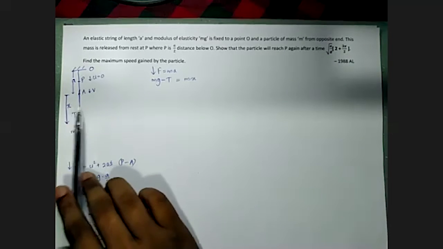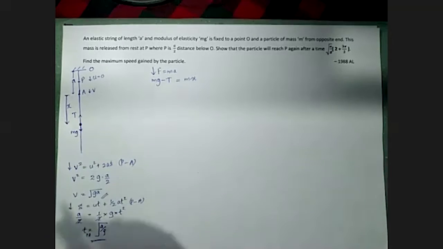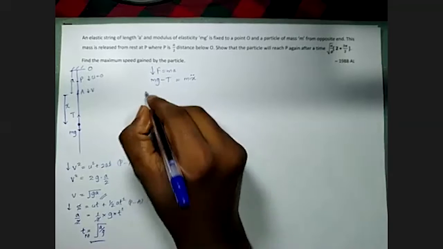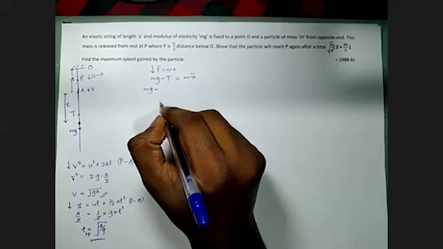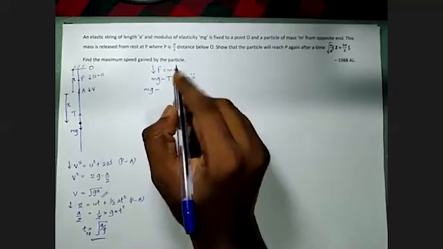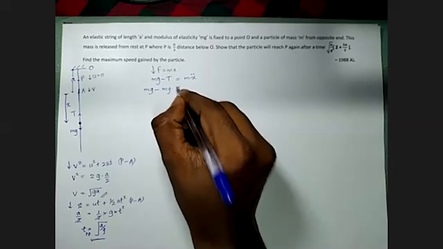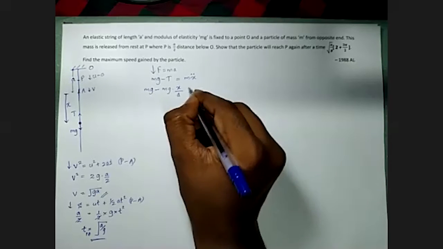Since simple harmonic motion starts from A, I have to draw this x from that point. Therefore, acceleration is x double dot. Now I can substitute the value for tension. Tension is modulus of elasticity of the string times extension at this moment, which is x, over its natural length, which is A.